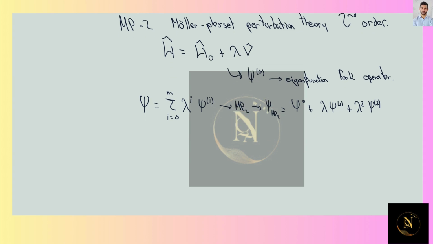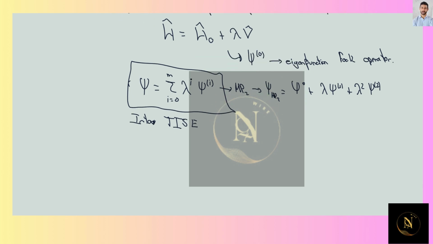So the equations that are going to give us the energy for MP2 are going to come from the introduction of this ansatz into the time-independent Schrödinger equation. Over here, our Hamiltonian is going to be H0 plus lambda times the perturbation, times our wave function.